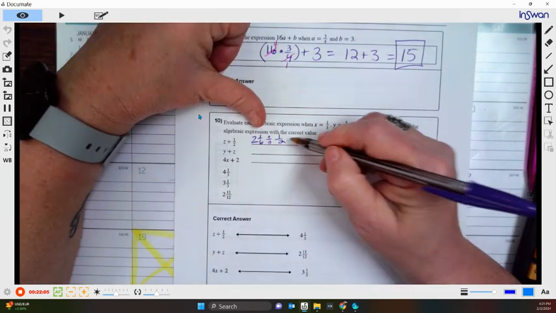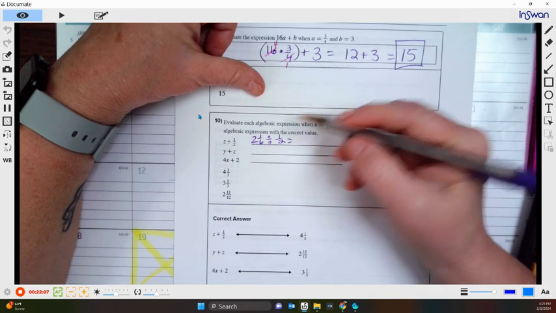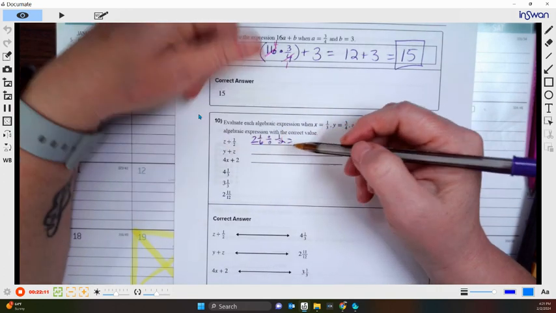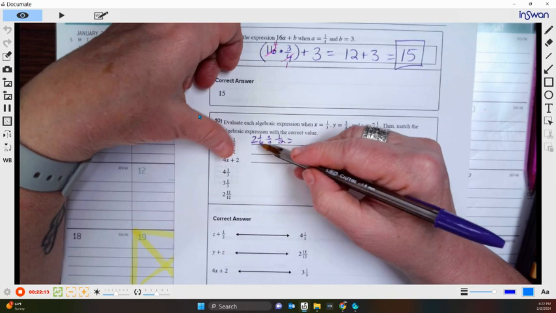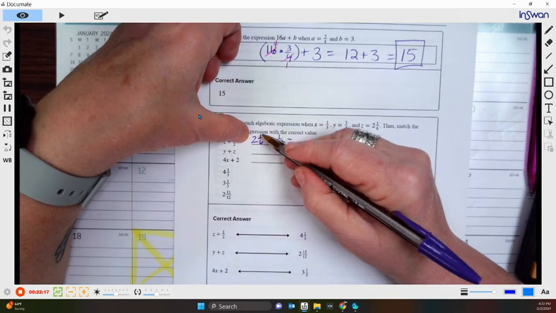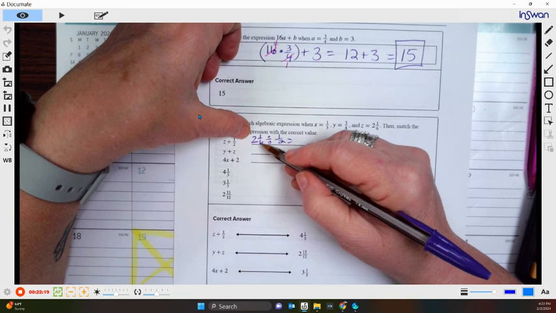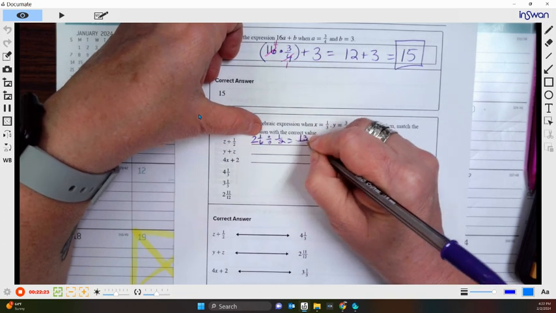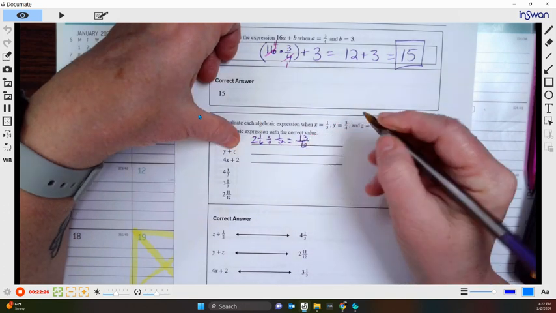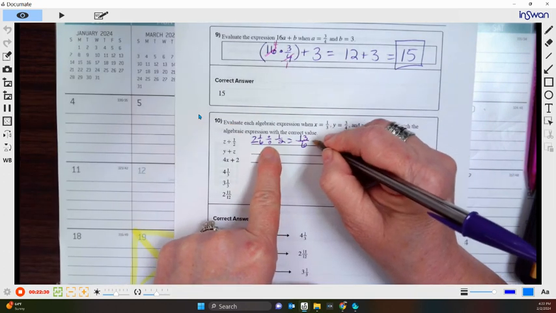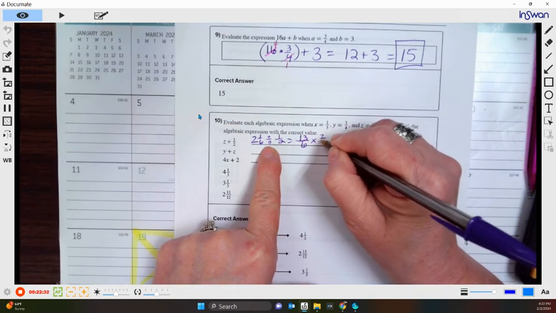Now, when we're dividing fractions, if I have a mixed number, I always have to make that an improper fraction, and then I'm going to multiply by the reciprocal. So 2 1/6 is 2 times 6 is 12 plus 1 is 13. That becomes 13 over the original denominator of 6. And instead of dividing by 1/2, we're going to multiply by 2 over 1.